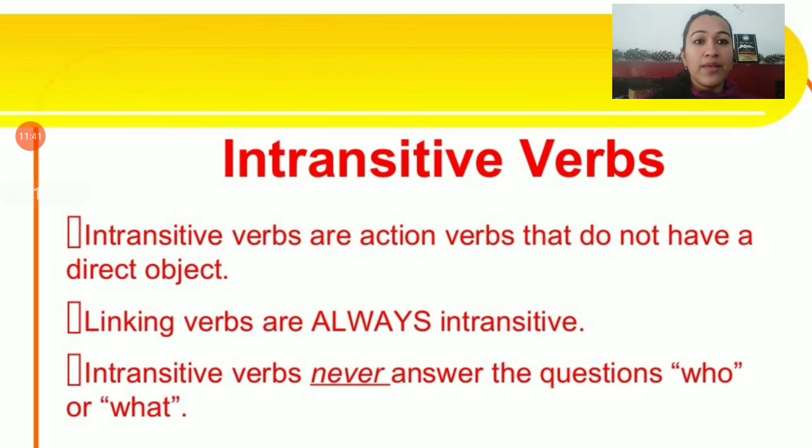Now intransitive verbs. Intransitive verbs are action verbs that do not have a direct object. Linking verbs are always intransitive. So this is easy, right? It is easy because now you know what linking verbs are. They tell you a state of being, so they are always intransitive.